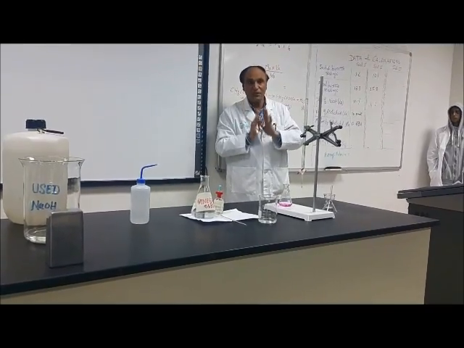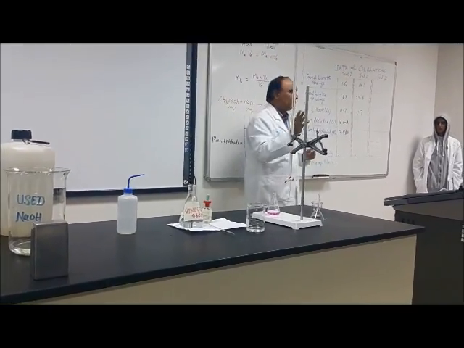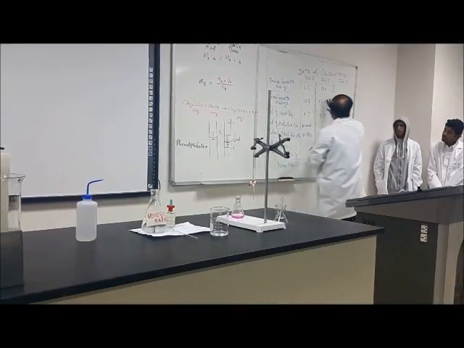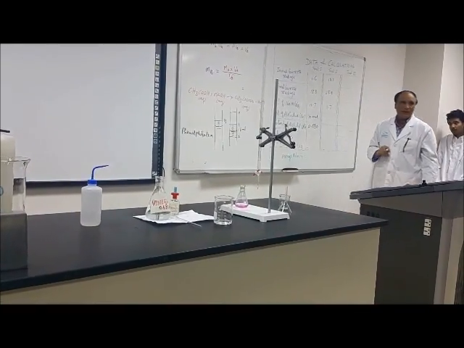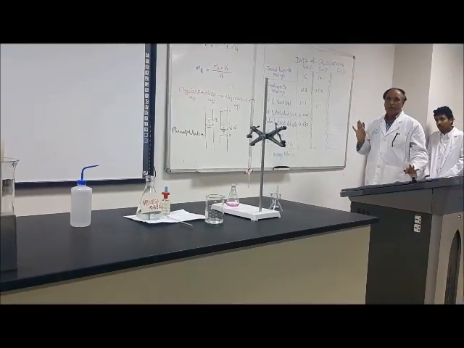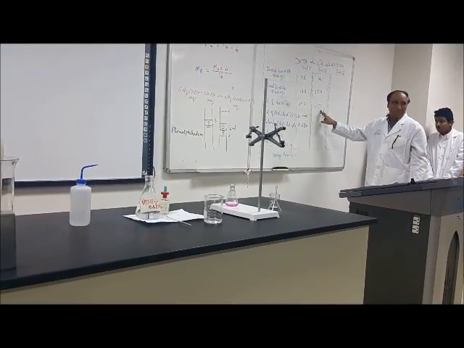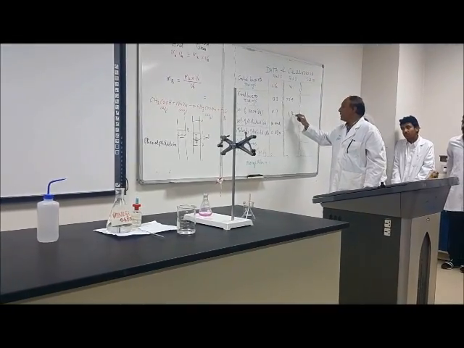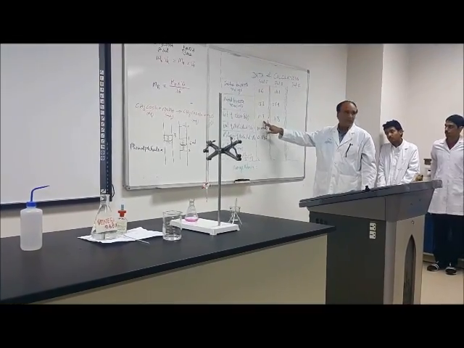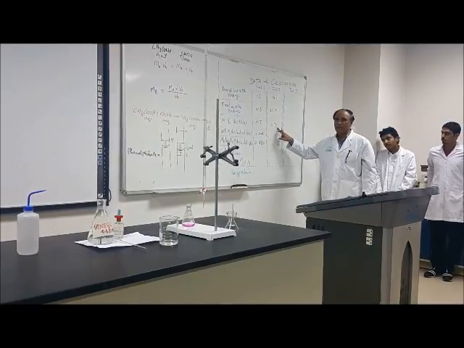But you are doing it first time. Okay? Let's suppose you get 25.9. No, it's not wrong. So what will be this volume? 11.8. This is 11.7. Now this is 11.8.